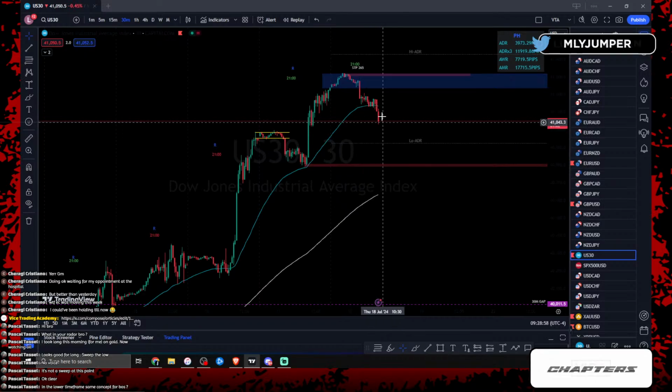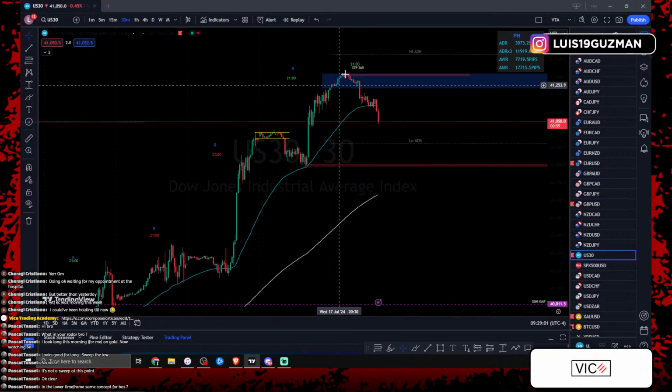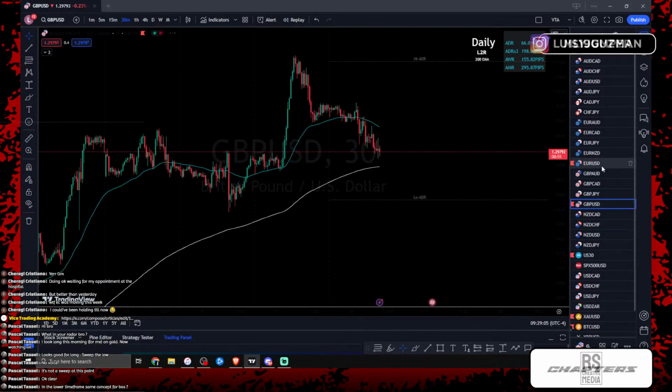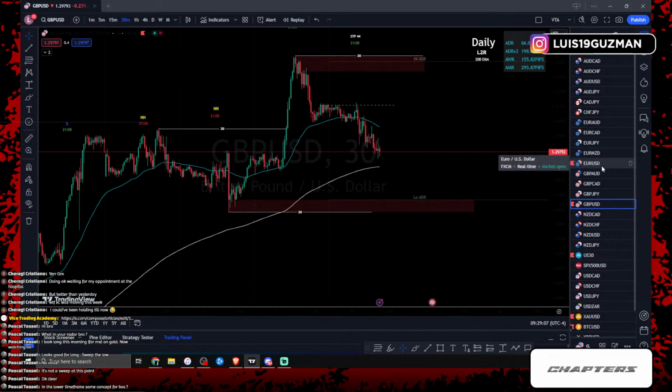I want to catch the continuations. When price turns around and starts making lower lows and lower highs, that's when I want to start entering trades for US 30. Right now, those moves are still too early of a trade for me to take.